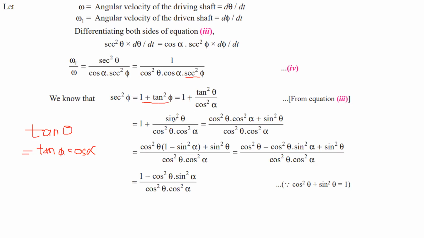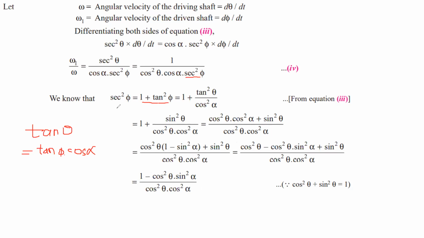Tan square theta is kept as sin upon cos. Then it is multiplied here, and you get this kind of expression. Then here cos square alpha is kept as 1 minus sin square alpha, so it expands in this way. Here cos square theta plus sin square theta is 1, giving 1 minus cos square theta into sin square alpha, like this.